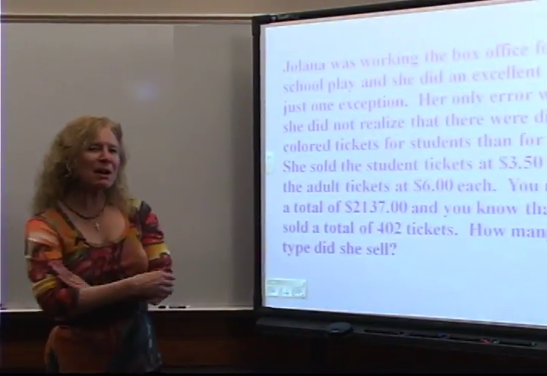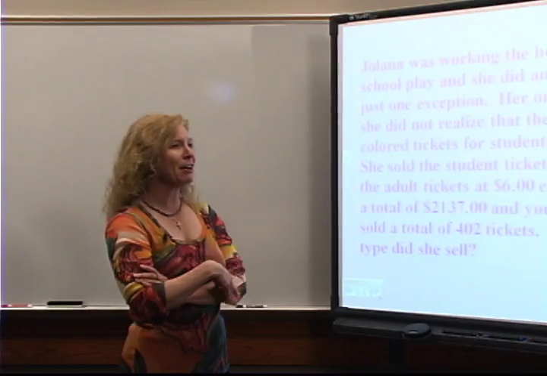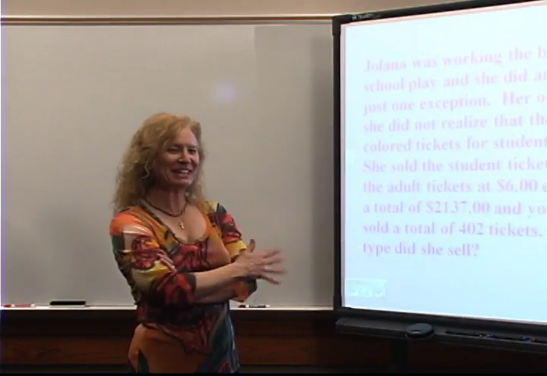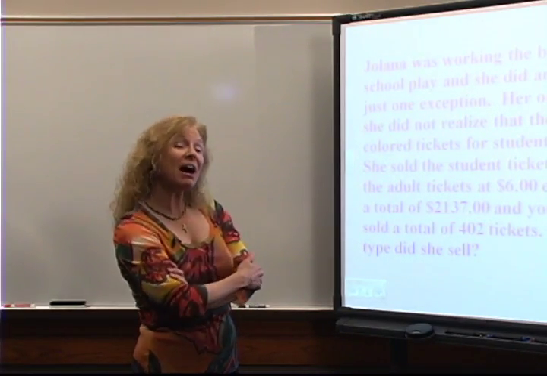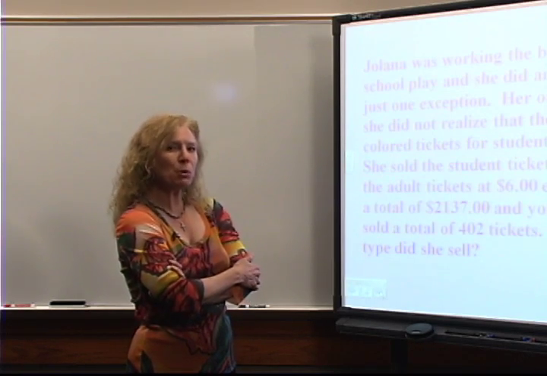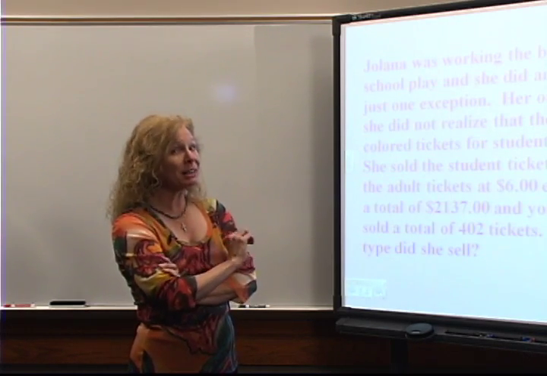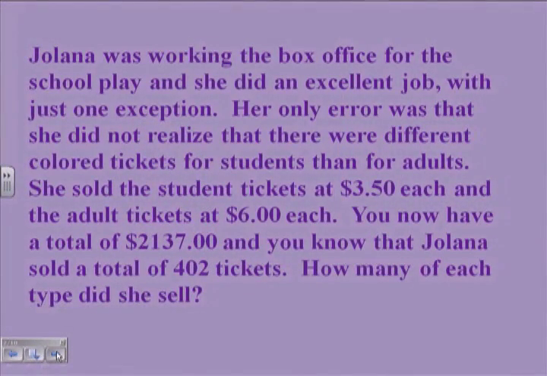Now to start out with, I always like to have you have an understanding of why do I care about this? And so I came up with what I deemed a reasonable problem that I might want to know the answer to. So we've got someone working in the box office, and she was very reliable, did everything right, no problems making change, no problems with how much to charge, but she overlooked the fact that there were 2 different colored tickets, and she only sold 1 colored ticket.